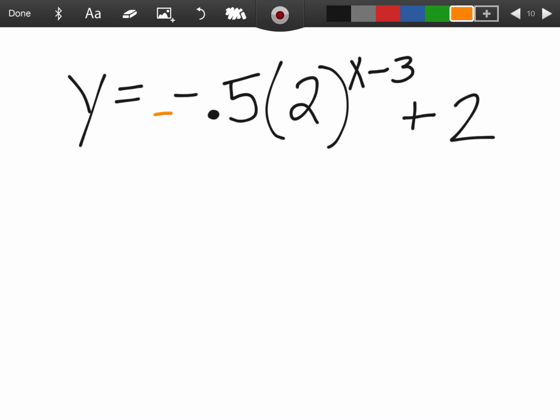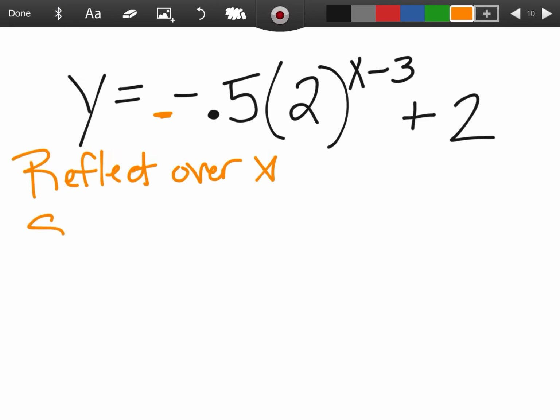All right, so the first thing you should notice is this negative sign here. So we are reflecting over x-axis. And then this 0.5 here, that's A. So that's going to be a shrink by 0.5 or 1/2.